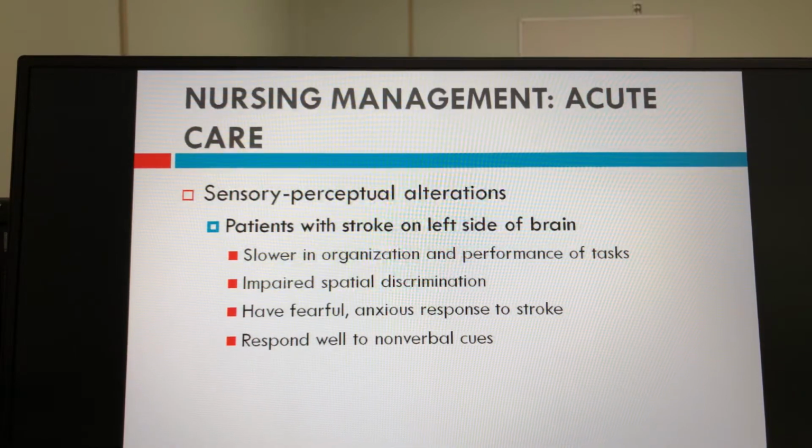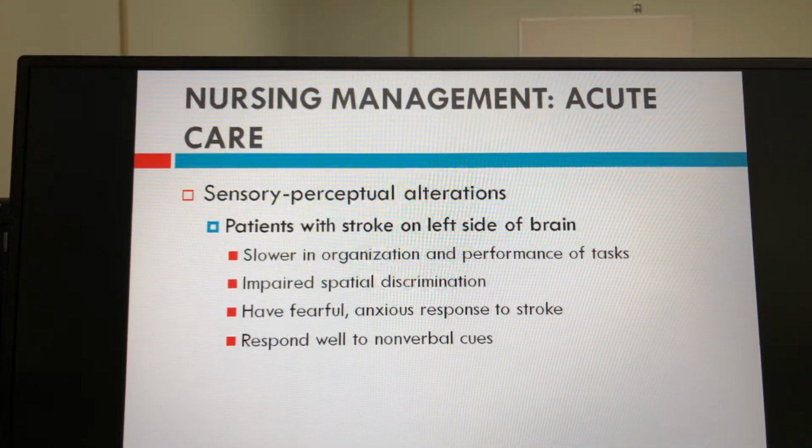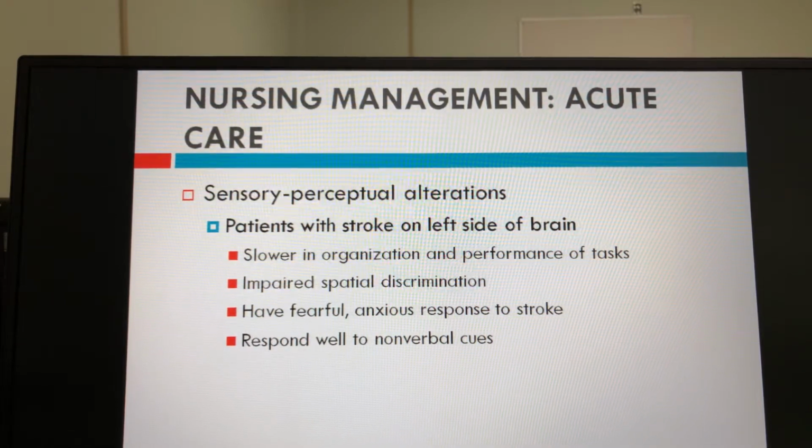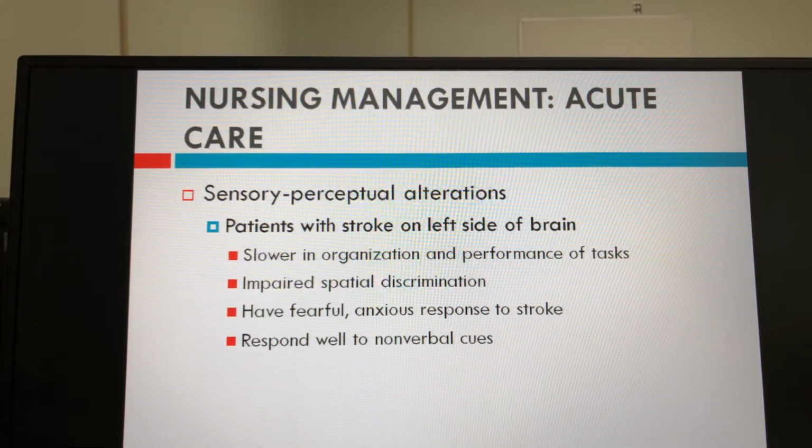Patients with the stroke on the left side of the brain, that is right hemiplegia, commonly are slower in organization and performance of tasks. They tend to have impaired spatial discrimination, and these patients usually admit to deficits and have a fearful, anxious response to their stroke.